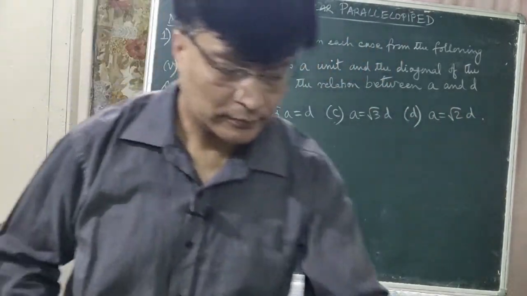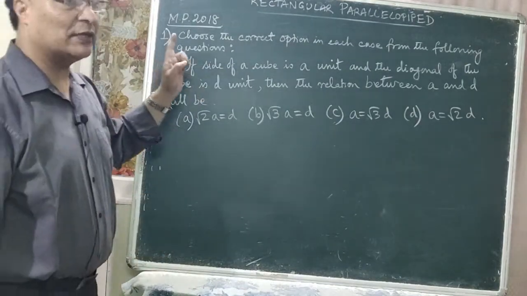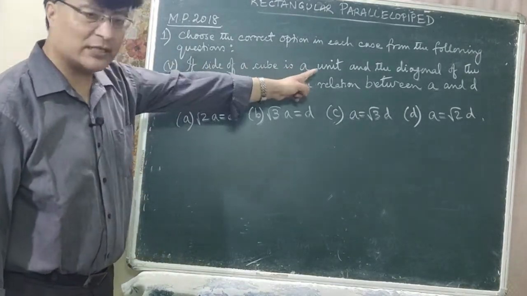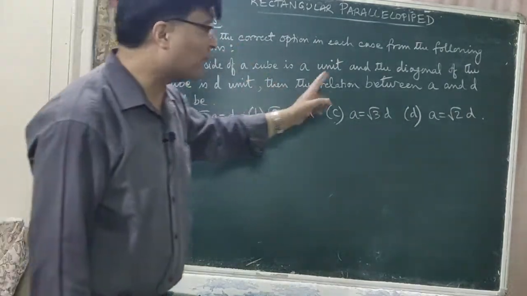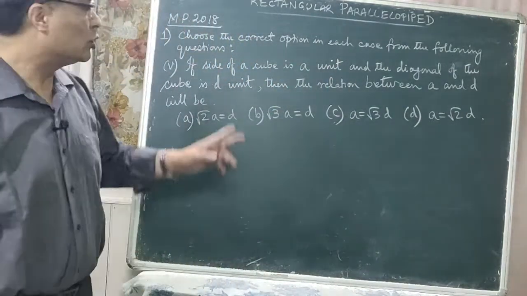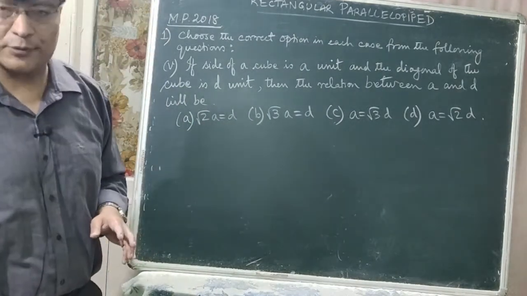Okay, so now in this case, if the length of each edge of the cube is a unit and the diagonal of the cube is d unit, then you have to find out the relation between a and d. So which is the correct option out here? a, b, c or d? You have to choose the correct option.